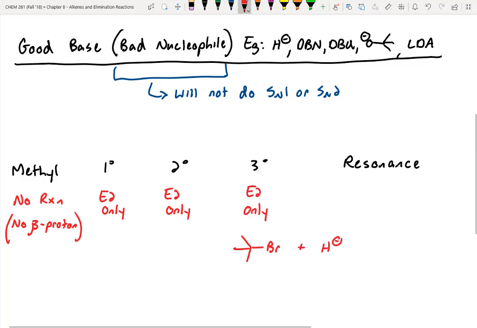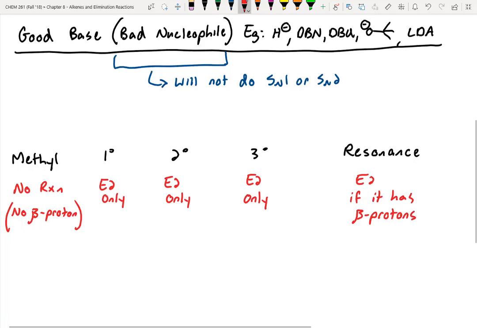All right, what about if you've got a resonance stabilized position with the leaving group? It'll do E2. I think we're seeing the trend. So E2, if it has beta protons. So we do have to make sure that if it's resonance stabilized, it has beta protons.